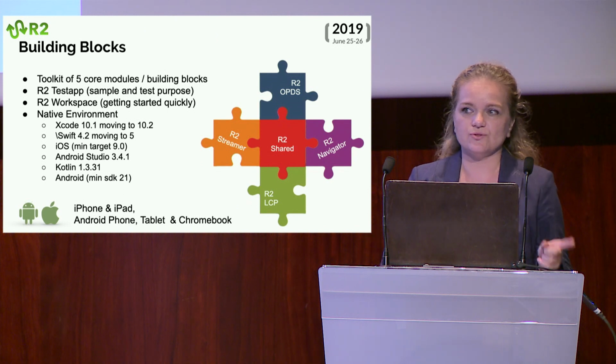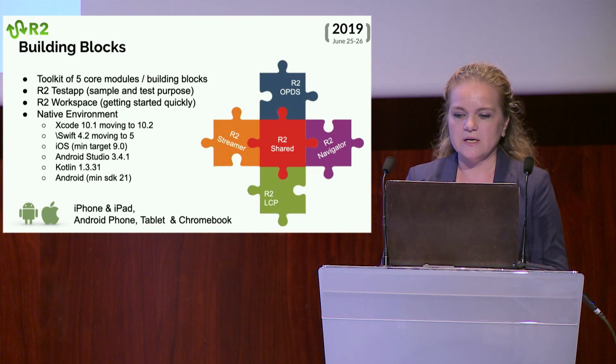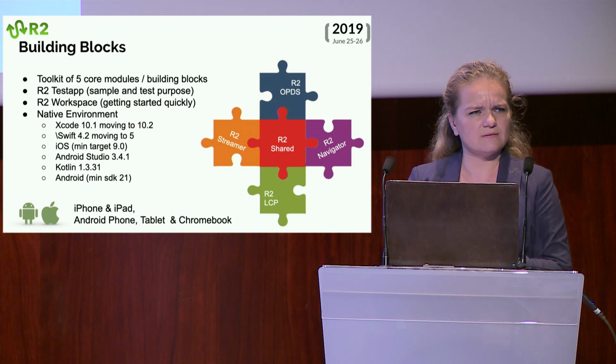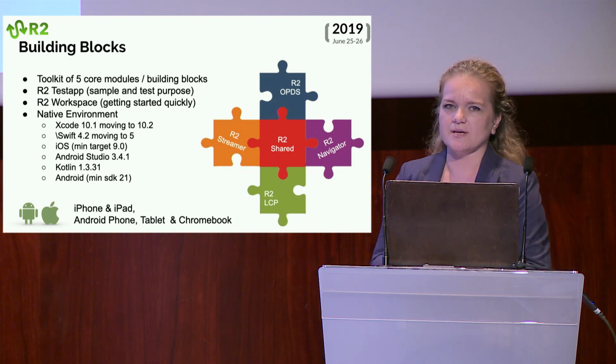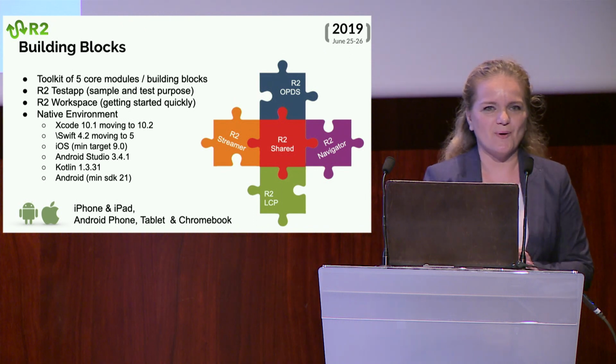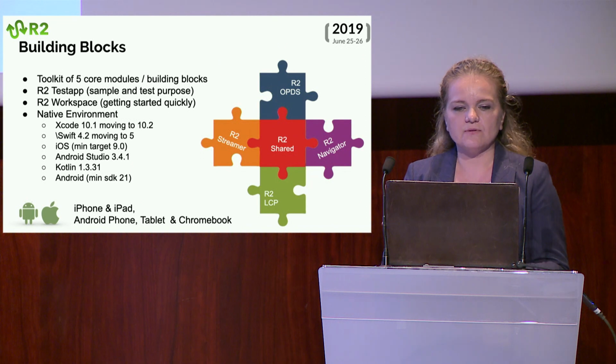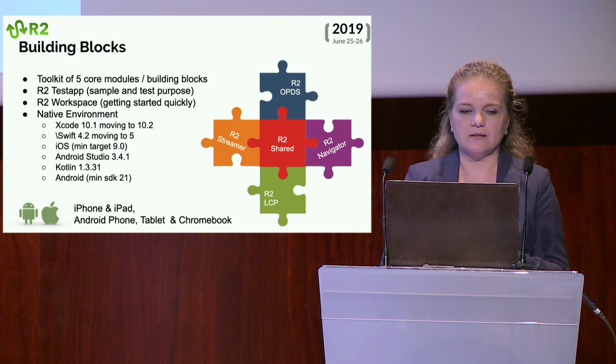You've heard Navigator, Streamer now a few times. You've heard LCP, and have you heard OPDS today yet? Well, I'm sure we know OPDS, and so those are the 5 core modules that we built natively in Swift and also in Kotlin, and of course in other platforms.